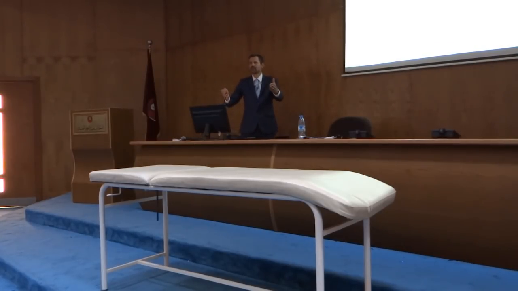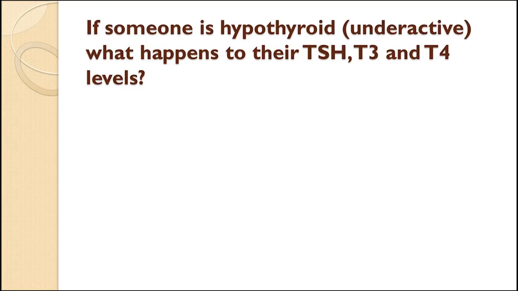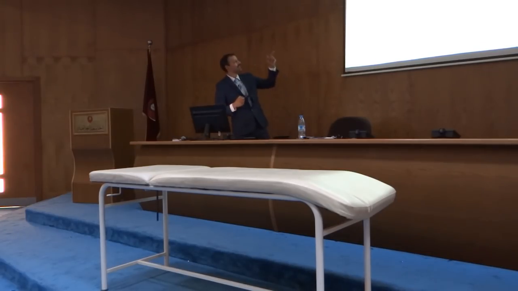So over to you, the audience. If you've got somebody who's underactive, hypothyroid, what happens to the TSH? Does it go up or down? Hands up for up, and hands up for down. A few at the back, brave souls. Okay, what about the T3 and T4 levels? Up or down? Usually they go down, yeah?